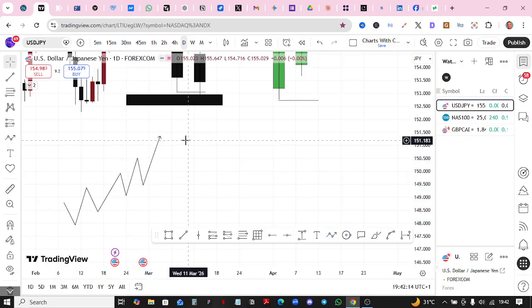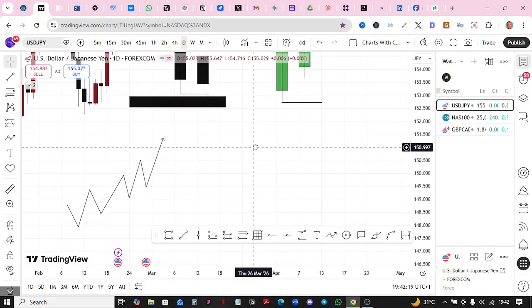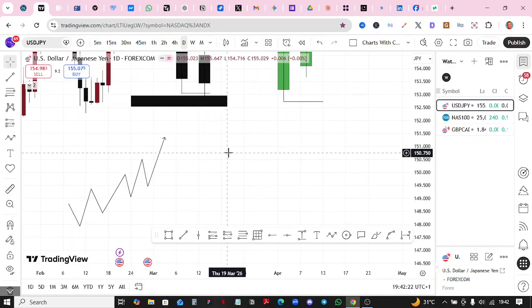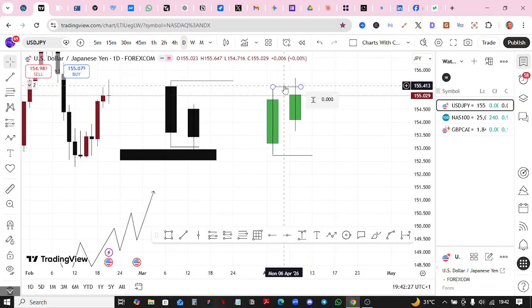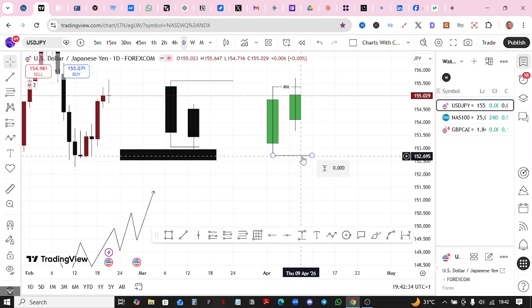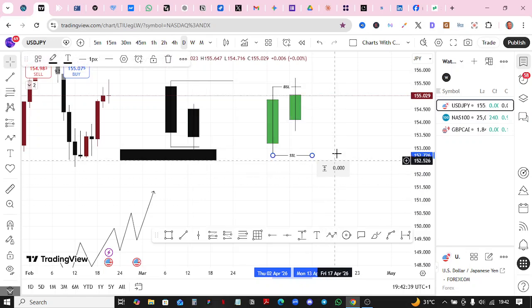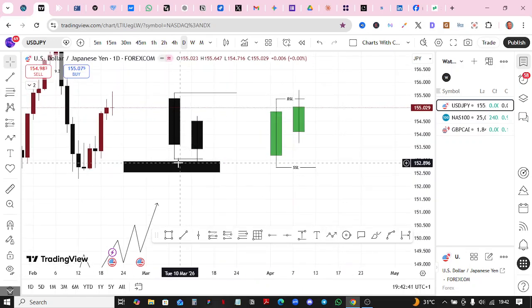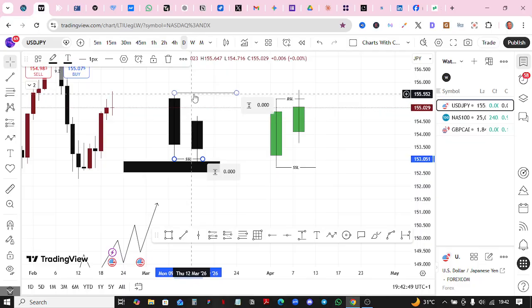Now, for you to take an entry with this CRT from the lower time frame after you've confirmed that price is going for this other liquidity, right? This is more like the buy side liquidity, and this is the sell side liquidity. That is the sell side liquidity, and this is the buy side liquidity.